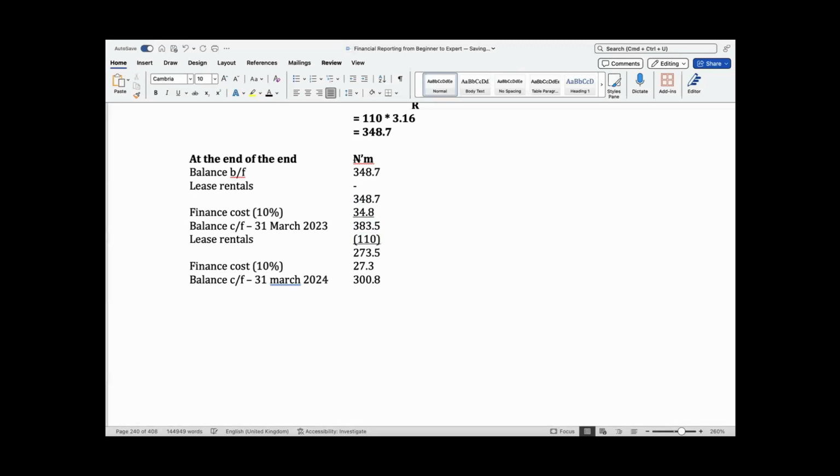Okay, now let's go to right of use assets. At commencement dates, the right of use assets is the PV of unpaid lease rentals as computed above, which is the 348.7, just like you have computed at commencement.